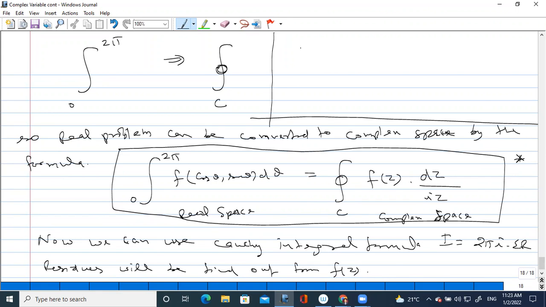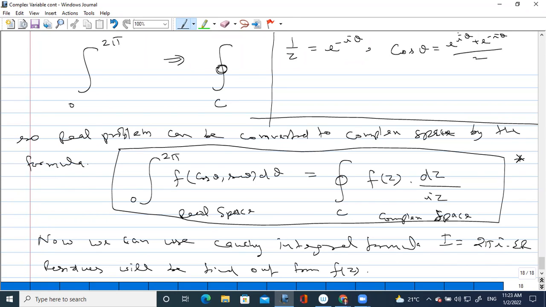Suppose 1 upon z is there, so that will be the replacement of e to the power minus I theta. This much you know, because z is e to the power I theta, so 1 upon z will be e to the power minus I theta. Similarly, if I want to convert cos theta into z terms, how can I write? Cos theta is nothing but e to the power I theta plus e to the power minus I theta, divided by 2.